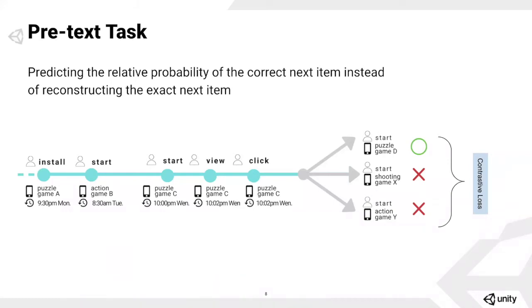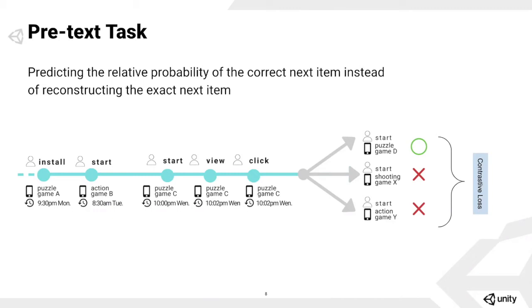To continue from the previous story example, predicting the correct target item from other thousands of items is difficult, but we can predict the relative probability of the correct next item among all the negative examples. The process is guided by optimizing the contrastive loss.